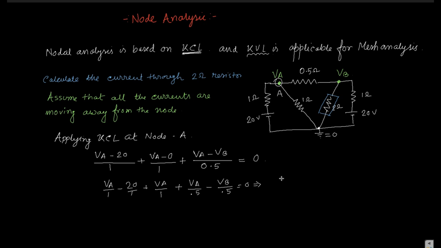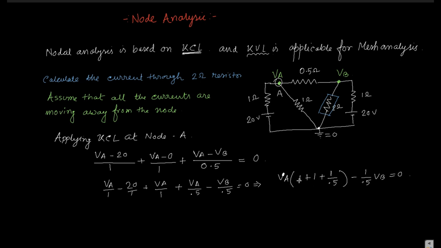Take VA common. If you take VA common, then it is 1 plus 1 plus 1 by 0.5, that is the 2, nothing but minus 1 by 0.5 VB is equal to 0.